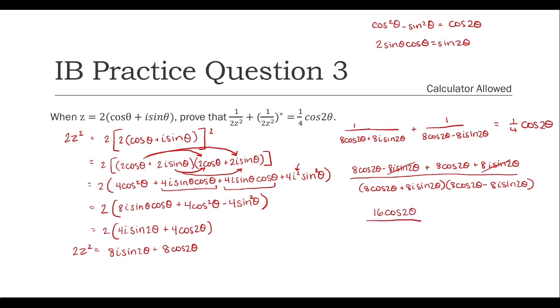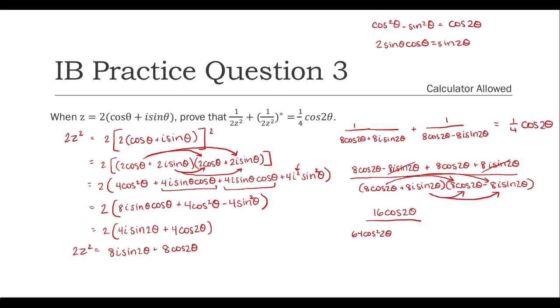over our new denominator. So we have 8 cosine 2 theta times itself. So we have 64 cosine squared 2 theta. Then our outside and inside values will cancel because we'll have a positive and negative. And when you multiply the conjugates together, those ones will always cancel. So then we'll just have our final value.